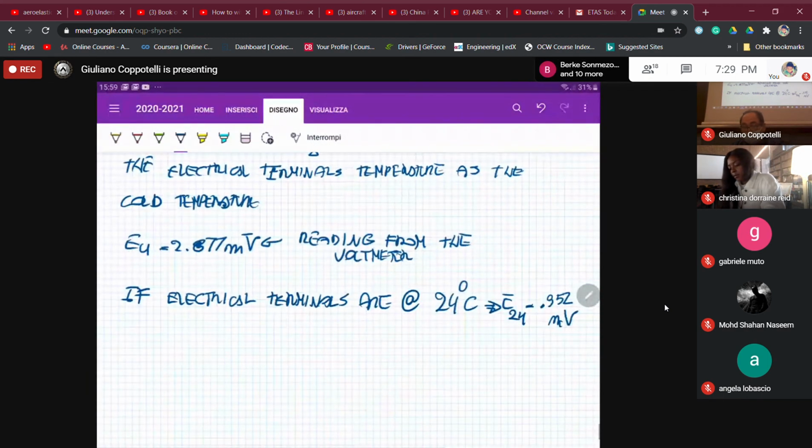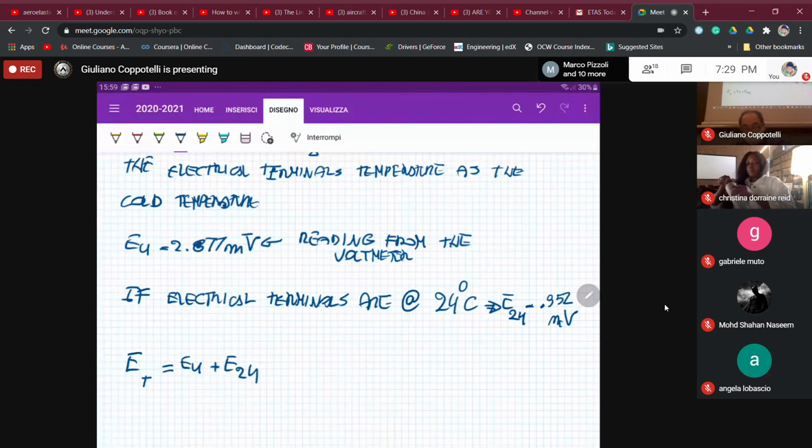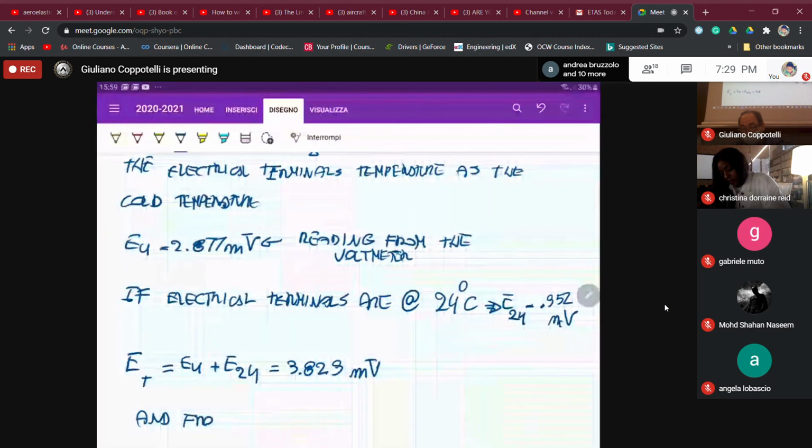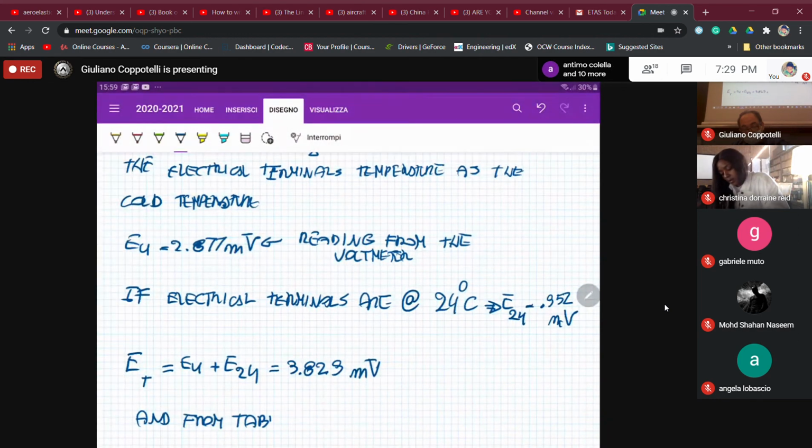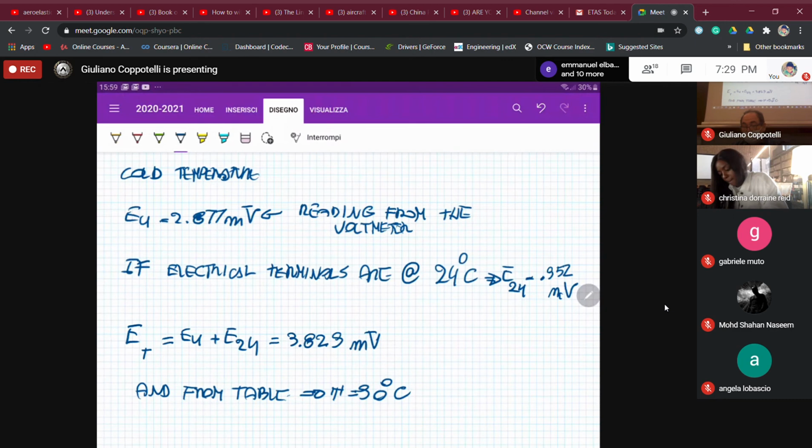So the overall output potential is EU plus E24, that is equal to 3.82829 millivolts, and from tables you find out that the temperature is the same, 90 degrees.